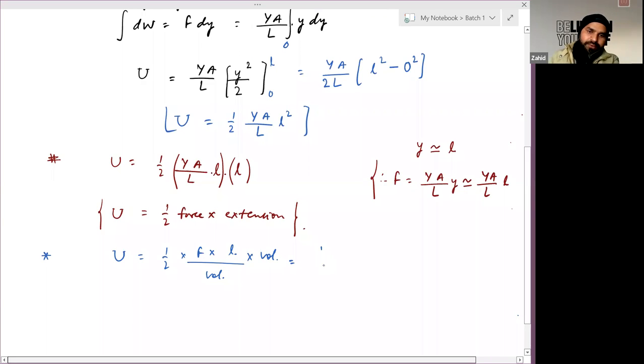Now, force times length divided by volume, we can write as A times L into volume V. Now this part and this part will be nothing but force over area, so it will be stress, delta L by L, or deformation by its actual length, strain. So we can write half times stress into strain into volume equals potential energy stored in the wire.